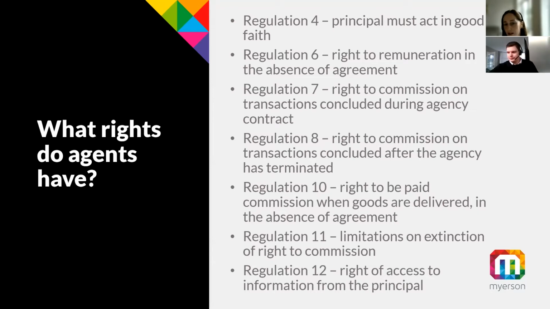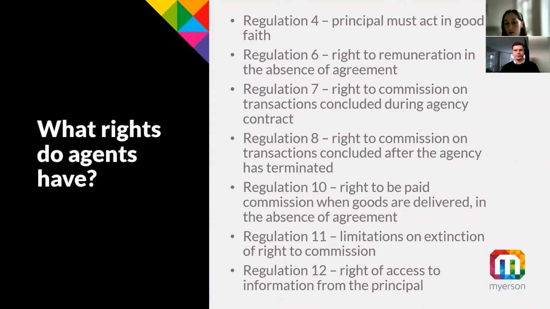They will have the right to information about sales made to customers by the principal, where the agent is entitled to commission on those sales. They have the right to receive regular commission statements. And if the agent is paid by way of commission on sales, then the agent is entitled to be paid commission on sales to customers during the life of the agency where either of the following apply.